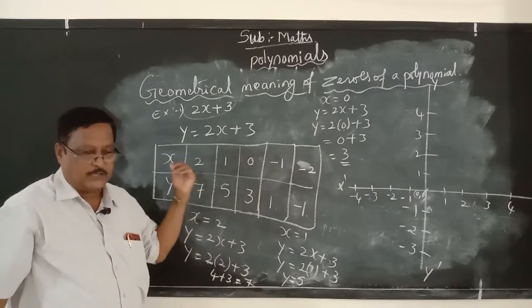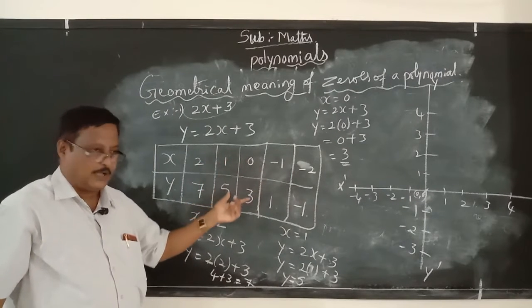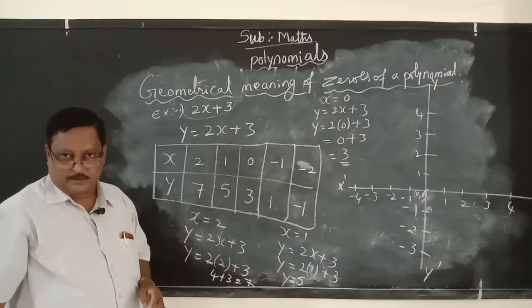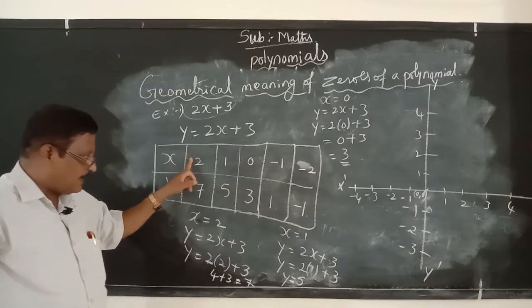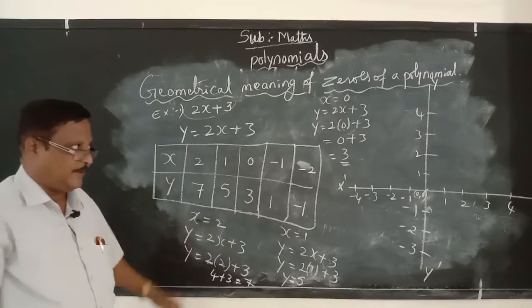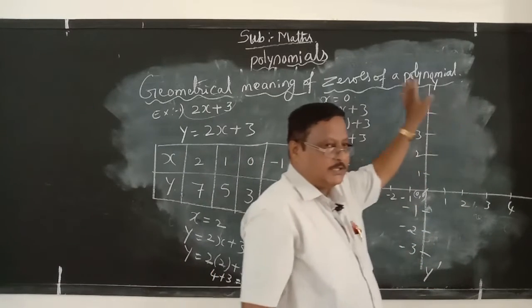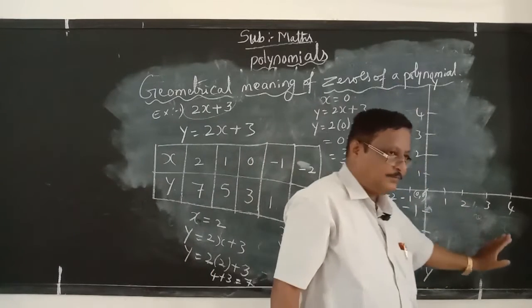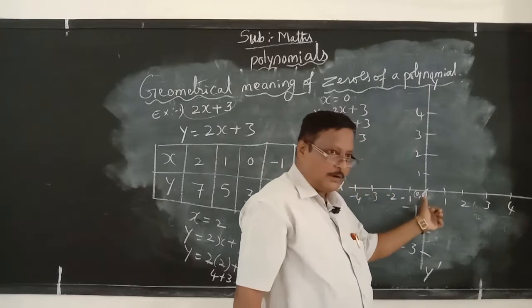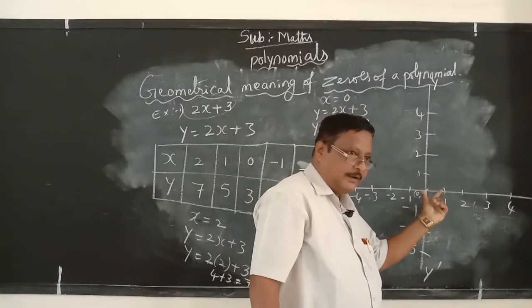Locate the points, all the points in the table, you locate on the graph. First one is when x value is 2, y value is 7. You see, this is the graph, this is the first quadrant, this is the second, this is the third, this is the fourth quadrant. Here in your graph, small 10 columns are there.